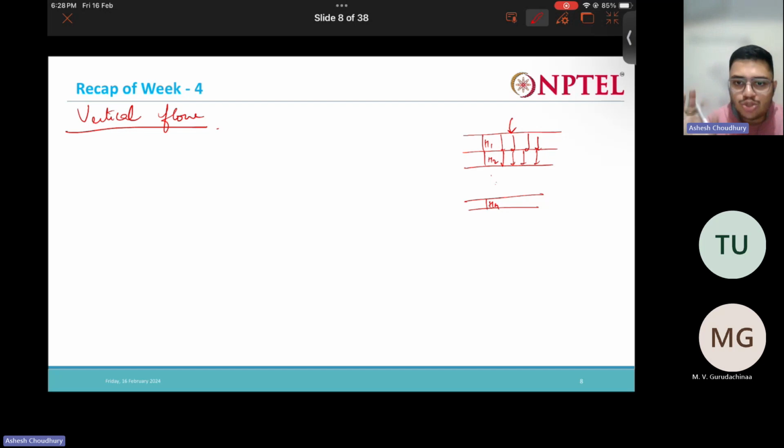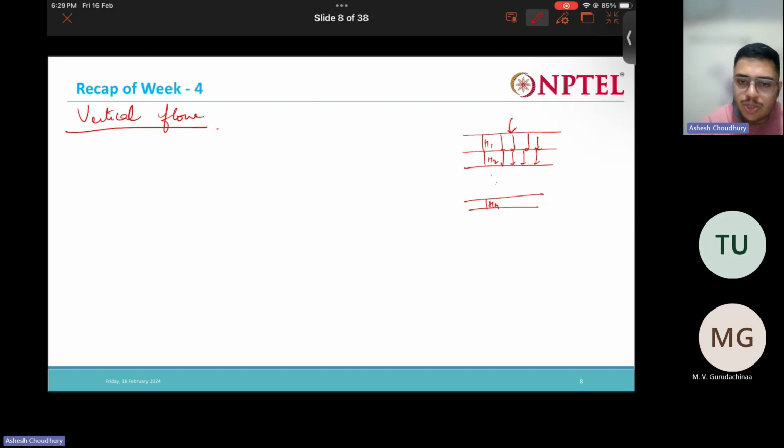So the amount of water needs to be continuous. That is, the flow continuity should be maintained. That is, the same amount of water is actually flowing. If you remember from basic hydraulics, the flow of water should be continuous.